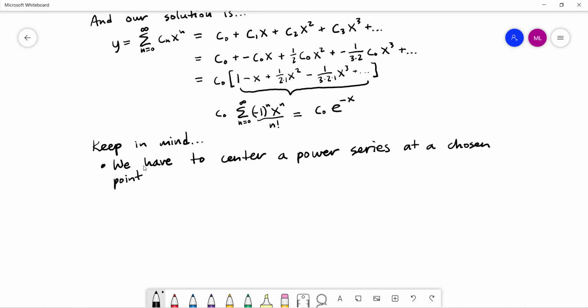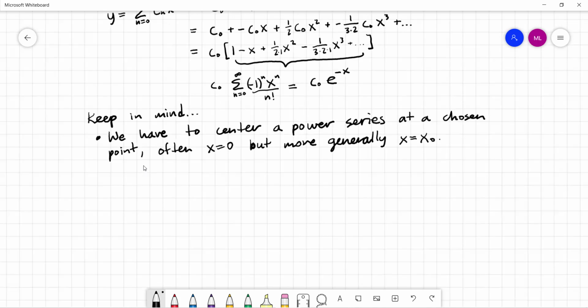For the ones that we're going to care about, it's usually going to be 0. So often x equals 0, but more generally, it could be x equals a or x equals x naught. X equals some arbitrary point.